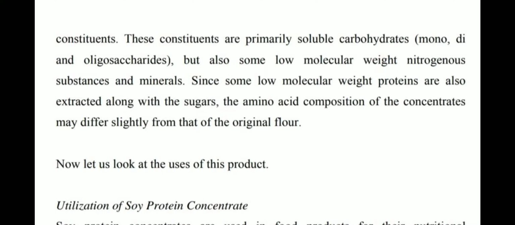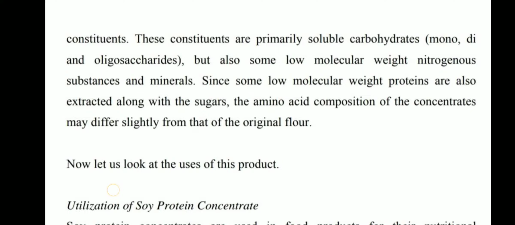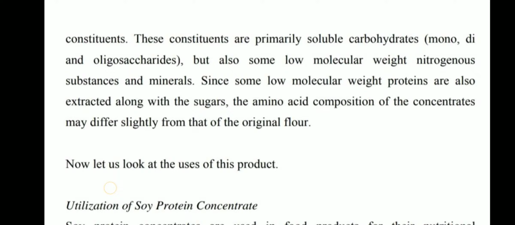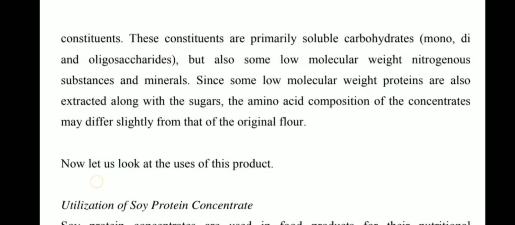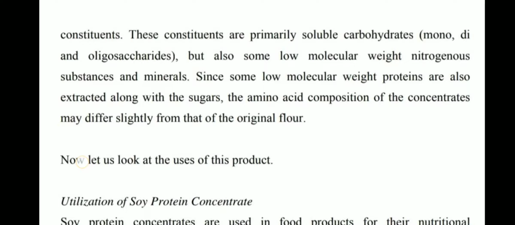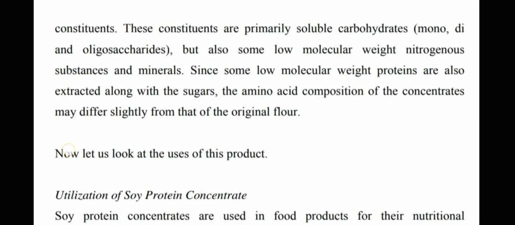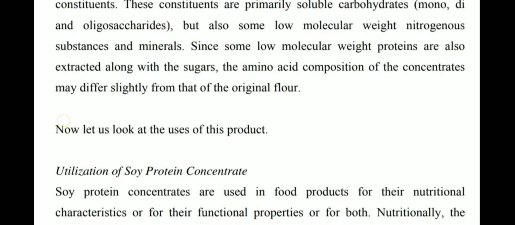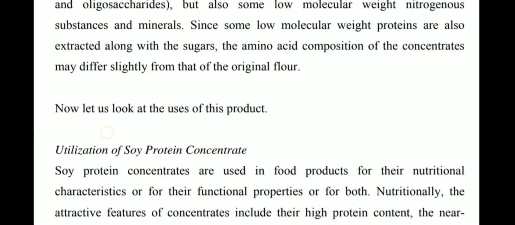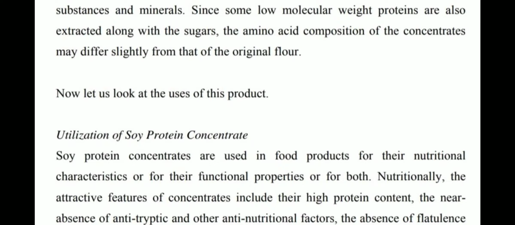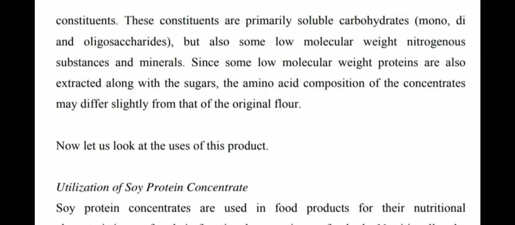These constituents are primarily soluble carbohydrates, mono-, di-, and oligosaccharides, but some low molecular weight nitrogenous substances and minerals are also separated in this process. Since some low molecular weight proteins are also extracted along with sugar, the amino acid composition of the concentrates may differ slightly from that of the original flour.